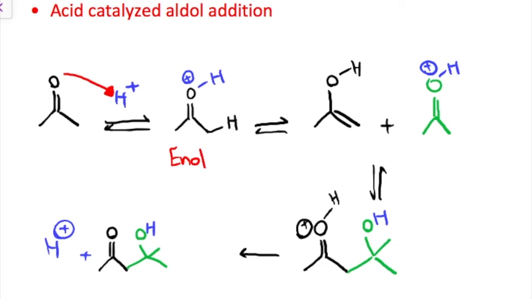Now, enols are usually less nucleophilic than enolates, but the reaction happens because this oxygen is protonated, and we know that once we protonate this oxygen, it becomes positively charged, and now this carbon is even more electrophilic because it has more partial positive charge on it.